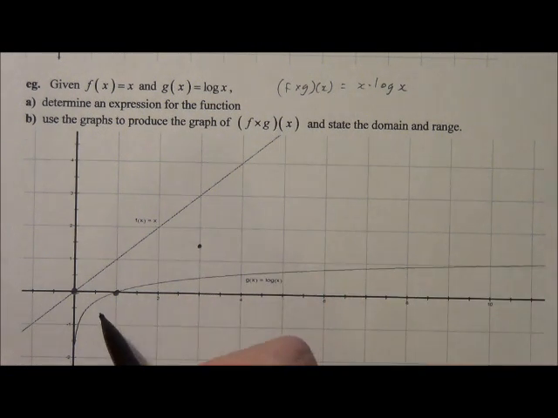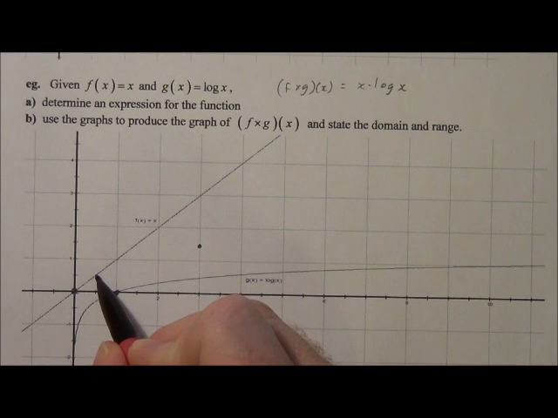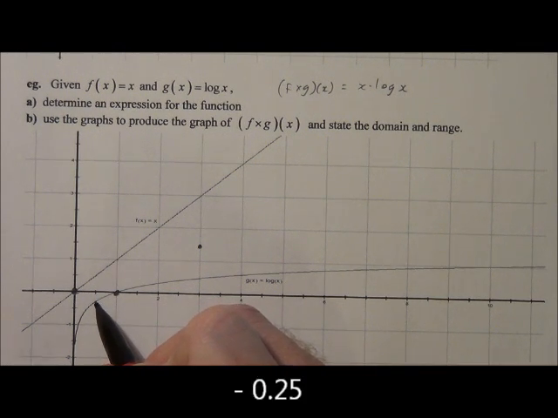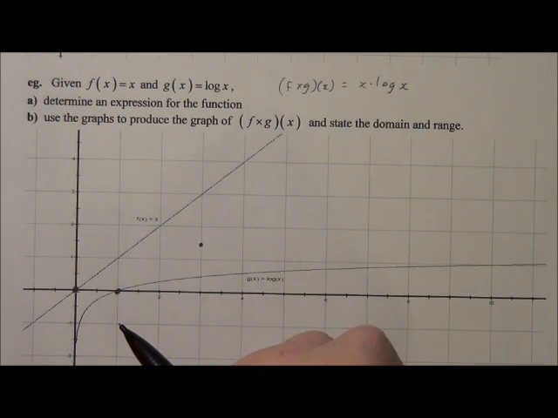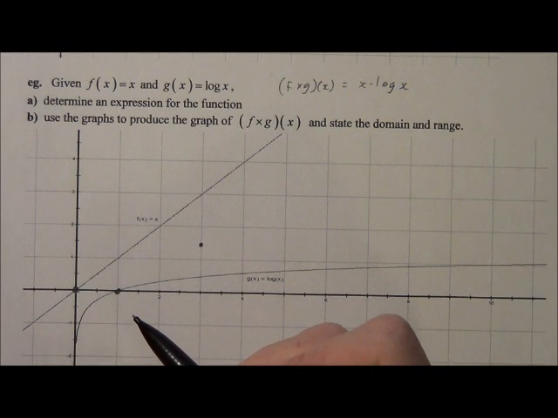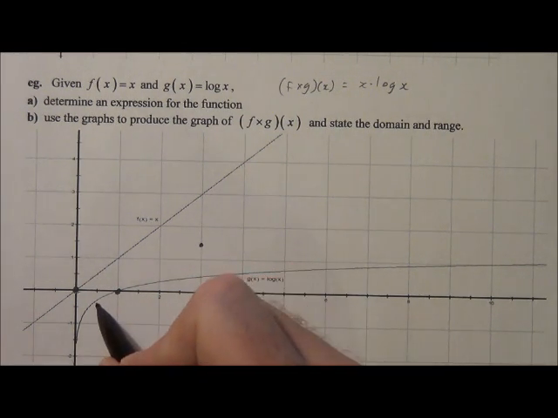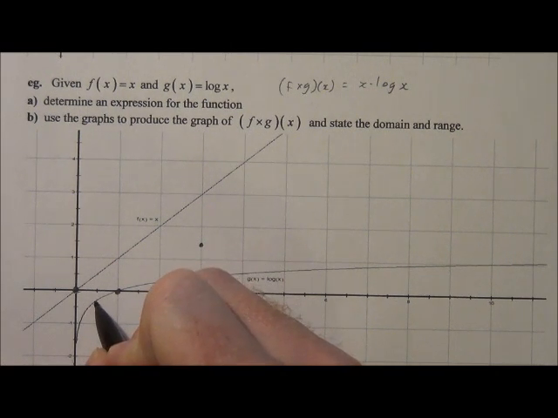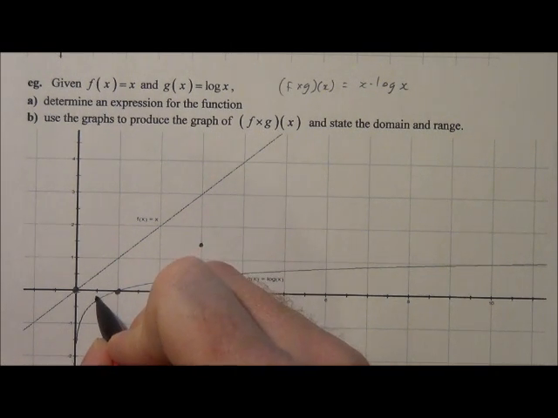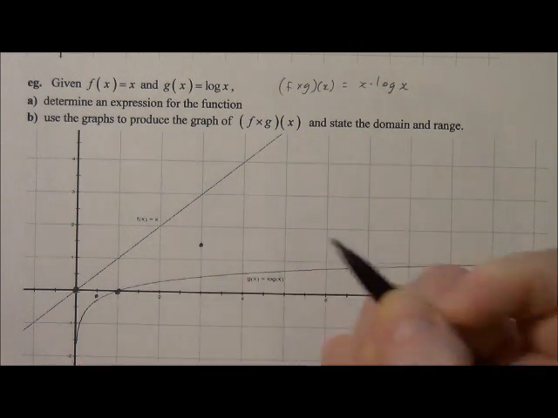Then looking back here, this is about 0.5, this is maybe about 0.25. Do a quick calculation. This is 0.12, oh sorry, this is negative 0.25 roughly. So it'll be about negative 0.125.